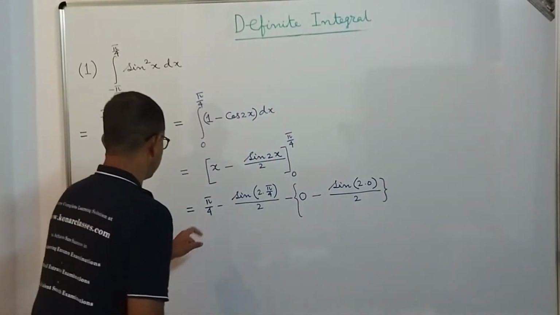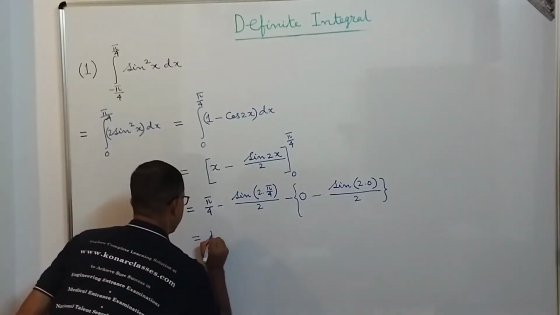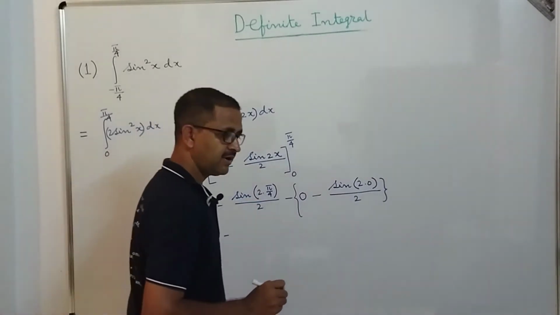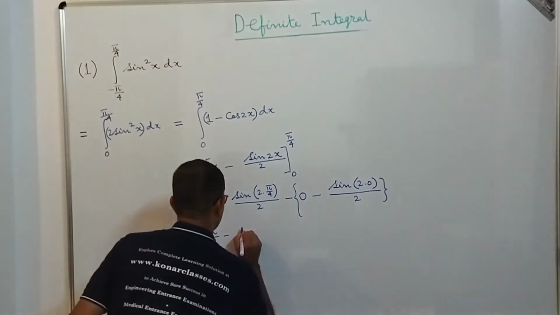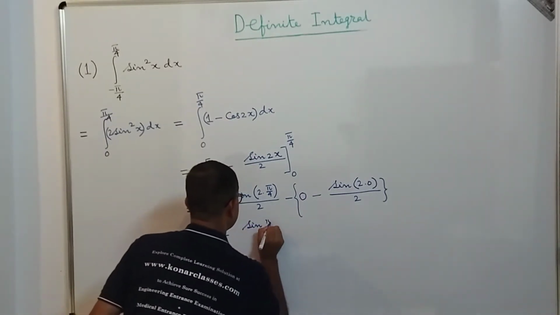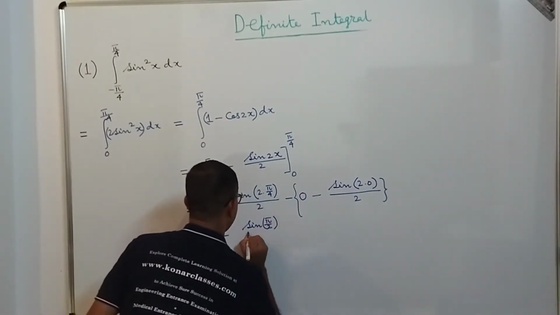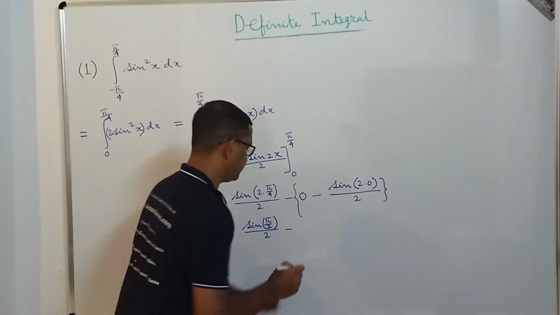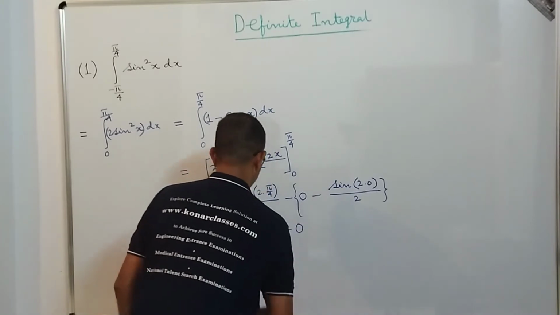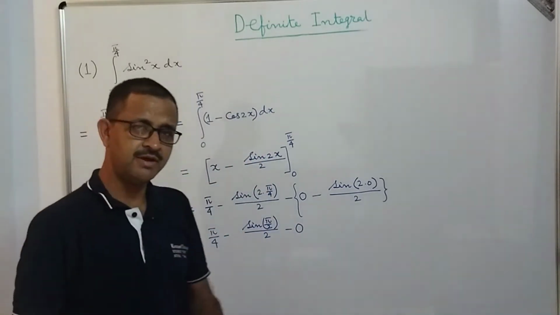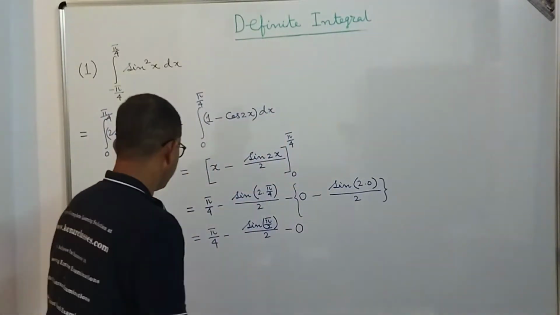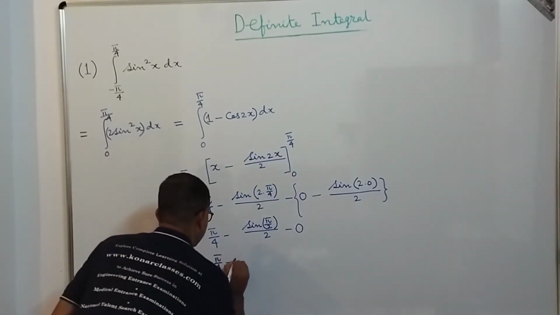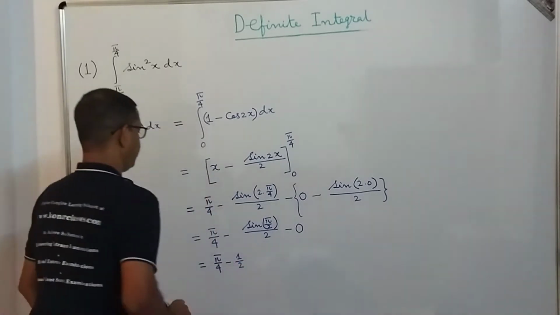Now this is equal to pi by 4 minus sine of 2 into pi by 4, that means sine pi by 2, divided by 2, minus 0, since sine 0 is 0. So altogether that part becomes 0. The value of sine pi by 2 is 1. So the value of this definite integral is pi by 4 minus 1 by 2.